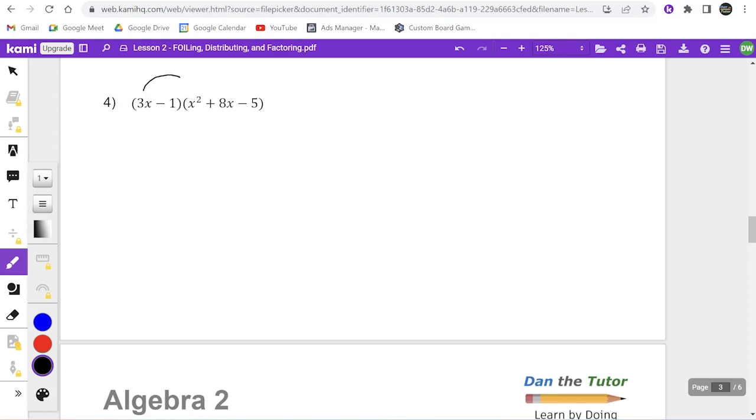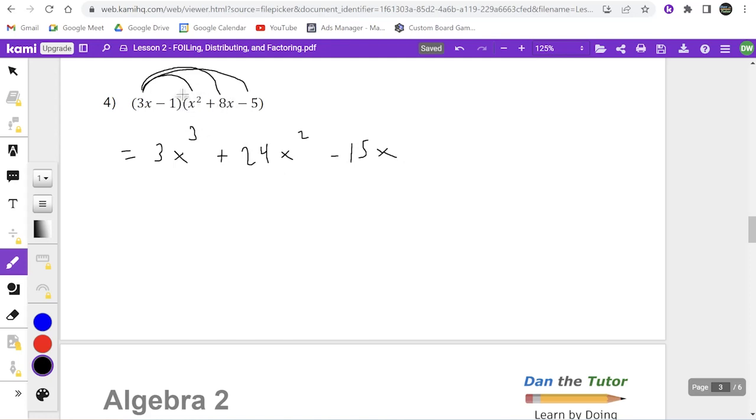So 3x times x squared, we'll do that first. That's going to be 3x cubed. Next, I'm going to do 3x times 8x, which is 3 times 8 is 24, and x times x is x squared. Next is 3x times negative 5, which is going to be negative 15x. And that's it for the 3x.